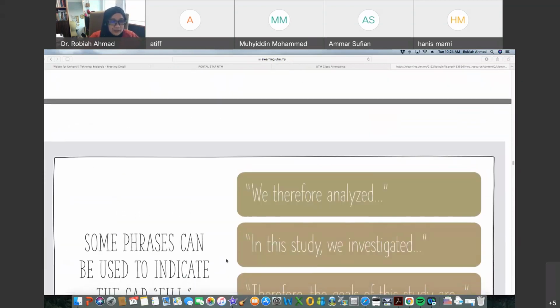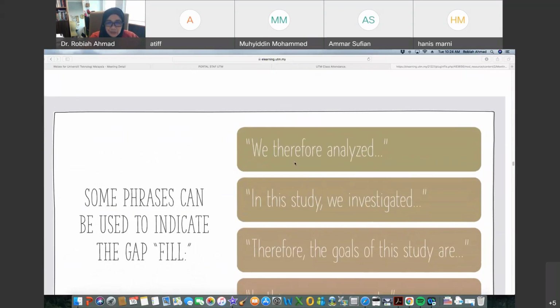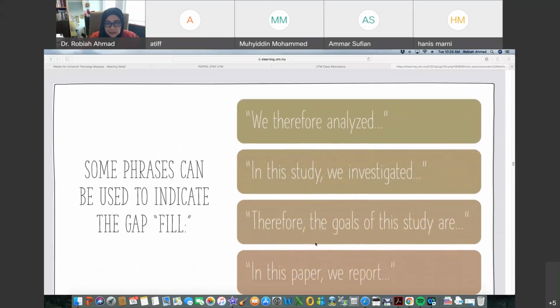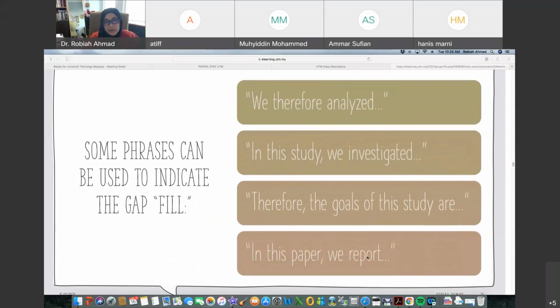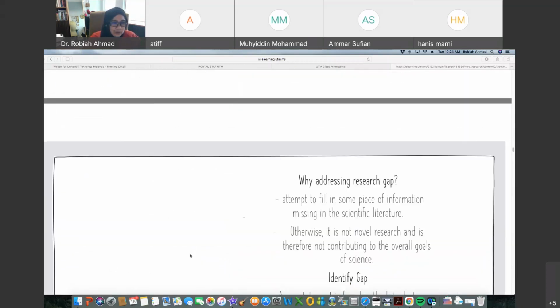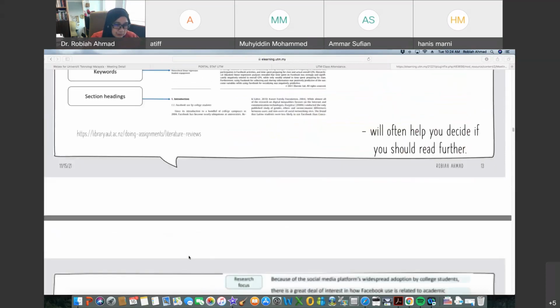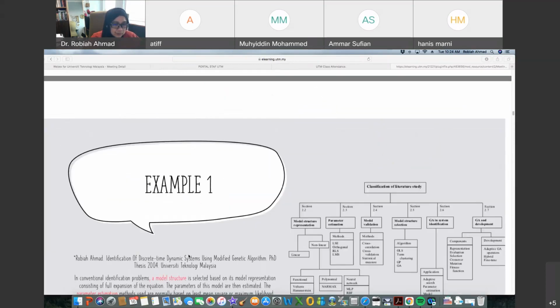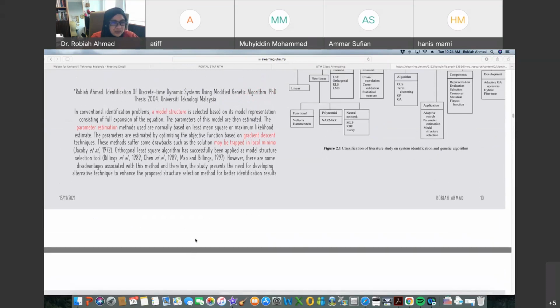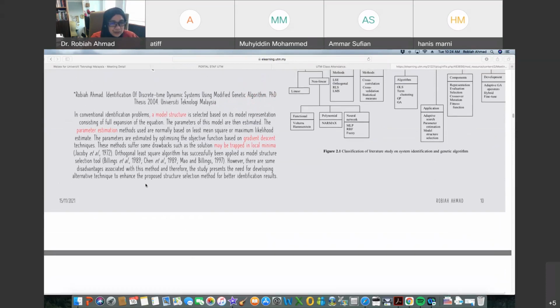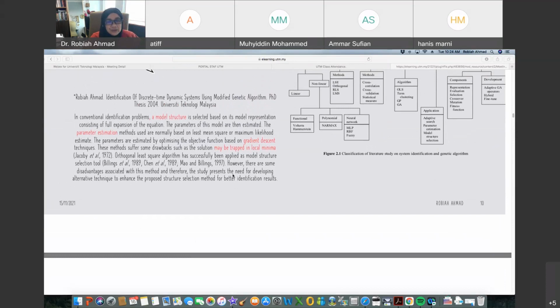Okay. So some phrases to indicate the field: we therefore analyze, in this study we investigated, the goals of the study, in this paper we report. So this is basically the field. For example, like in my case: however, there are some disadvantages, and therefore, the study presents the need for developing an alternative technique to enhance the proposed model structure method for better identification solutions.